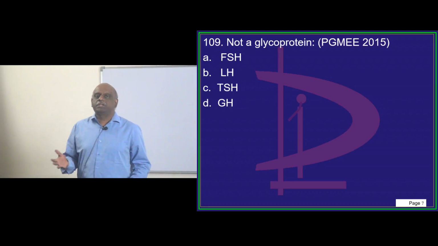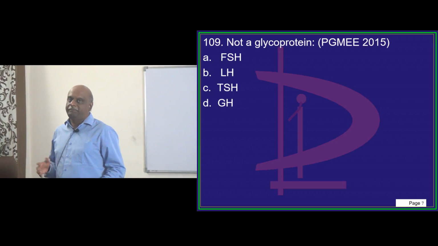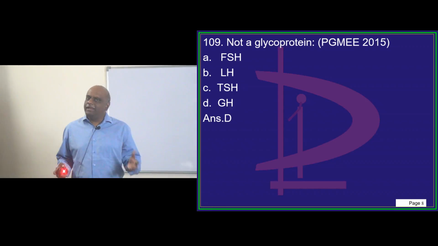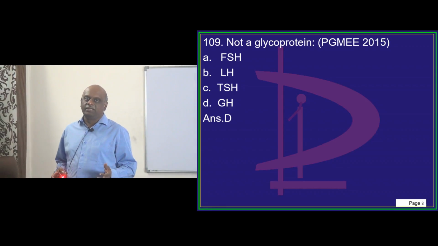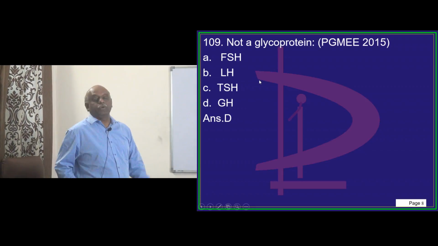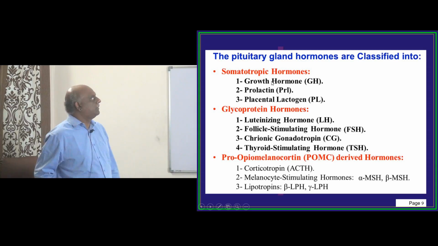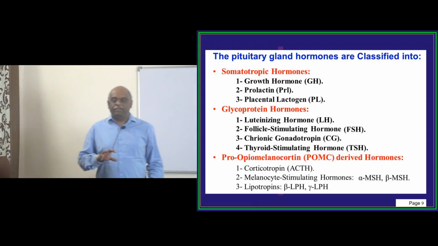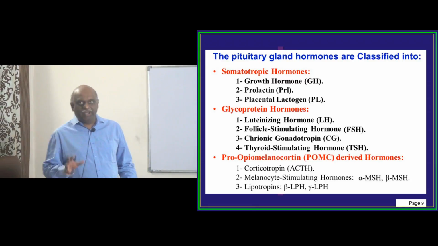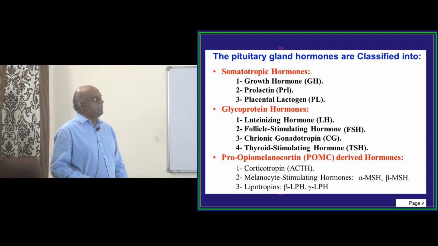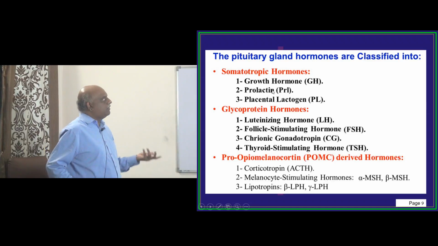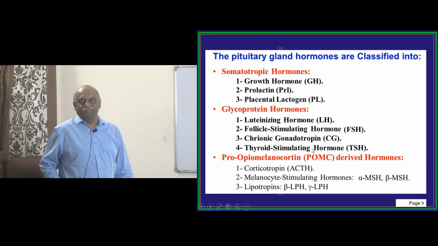Now doctor, which is not a glycoprotein by structure? FSH, LH, TSH, they're all classically glycoproteins, but not the growth hormone. Now, if you look at the various glands, pituitary hormones, some are somatotropic hormones: growth hormone, prolactin, placental lactogen.